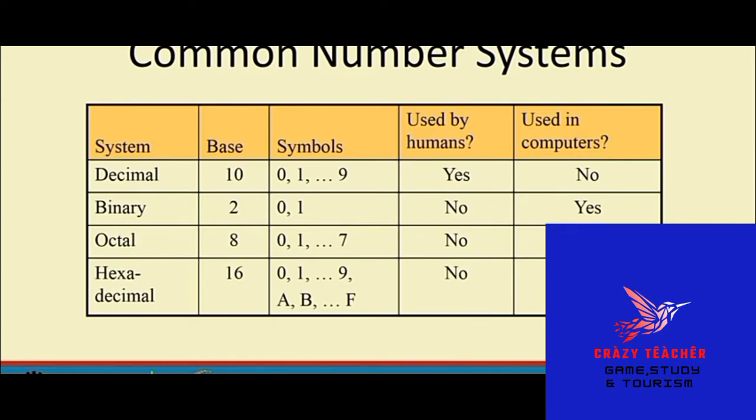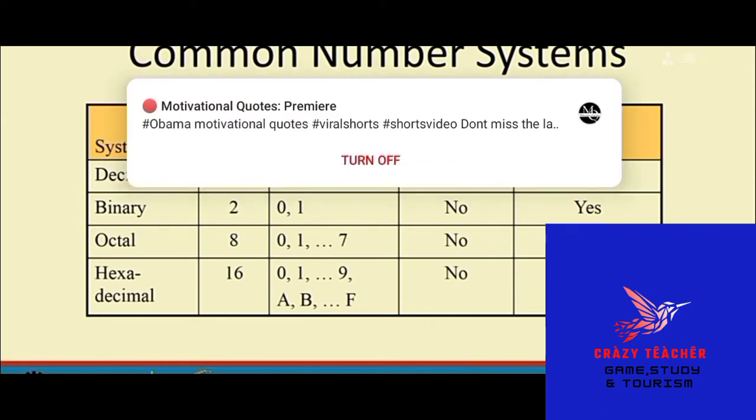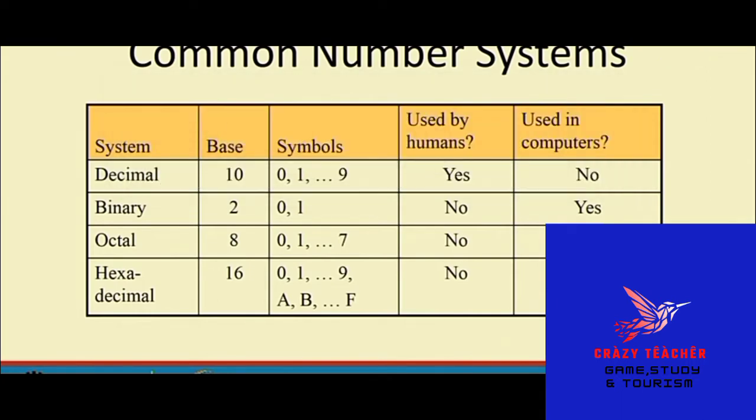Then they are used in computers. The decimal number system is not used in computers, and we have the binary, octal and hexadecimal number systems used. Now you see that while talking about this, one thing I have purposefully avoided: can we have a number system with base 1? That we have not talked about.